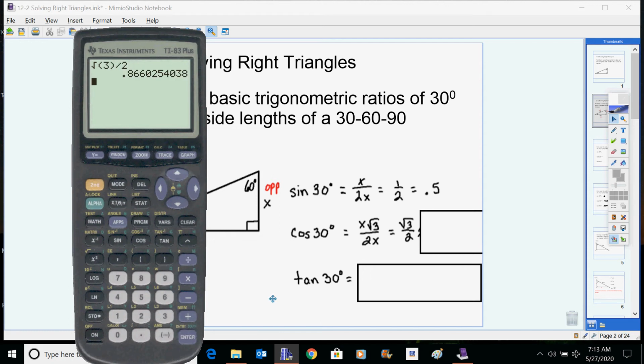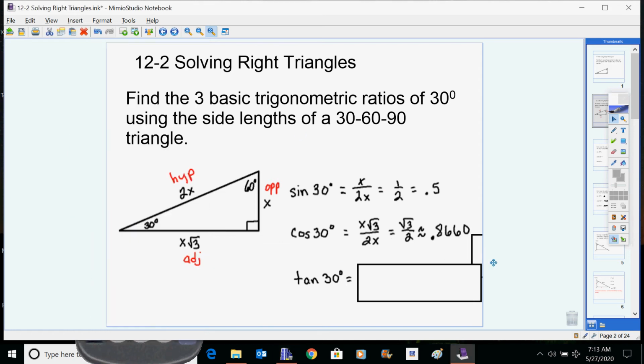And this is semi by hand, but it comes out to 0.8660, not using the sine or cosine or tangent button at all, but being able to figure it out and make sure that it works. Tangent is opposite over adjacent.